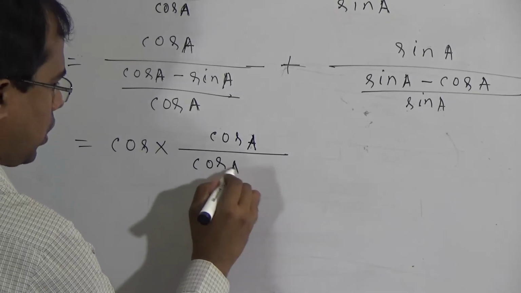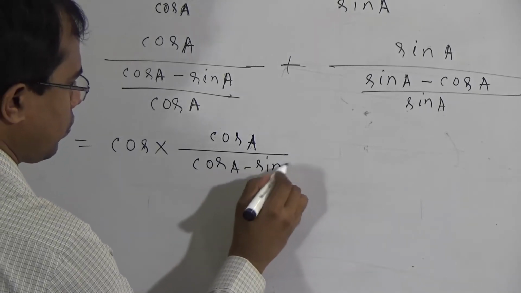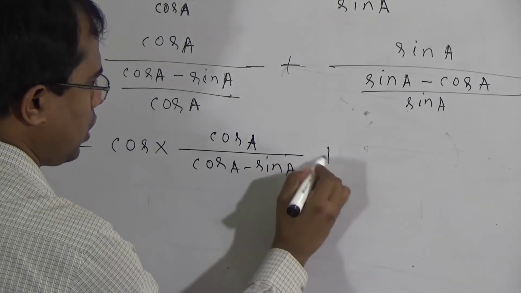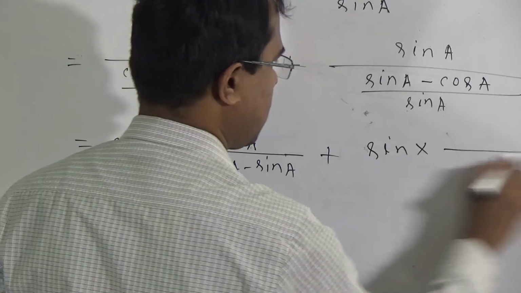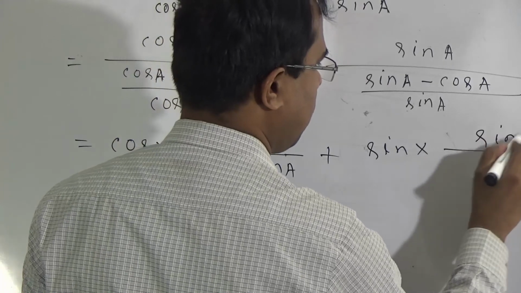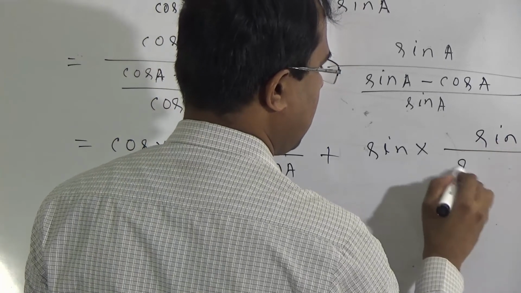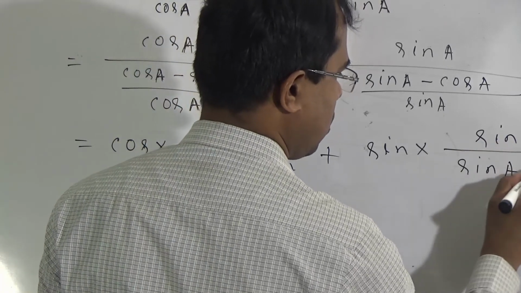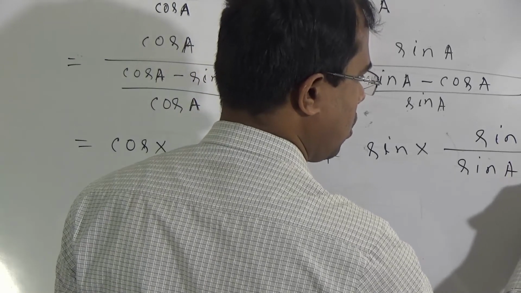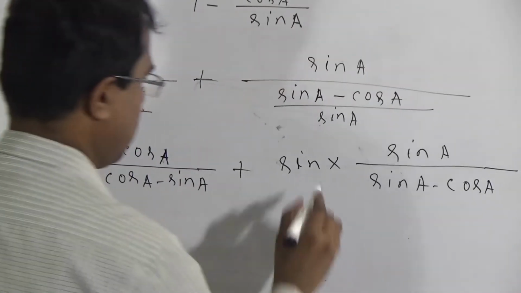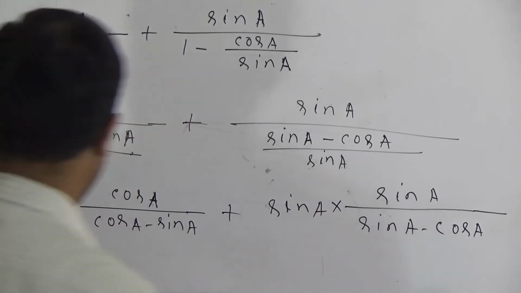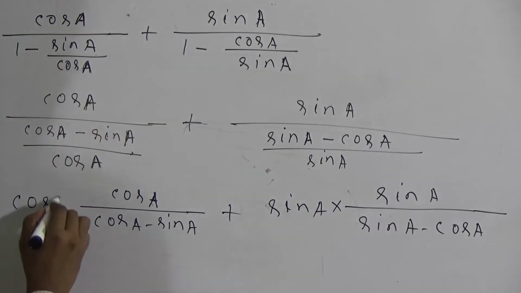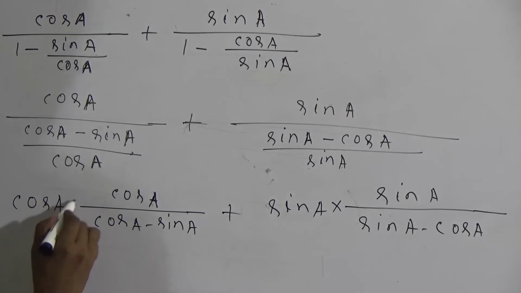Cos A minus sin A. Similarly, here we can write sin A multiplication sin A by sin A minus cos A. Sin A multiplication. Here cos A multiplication.